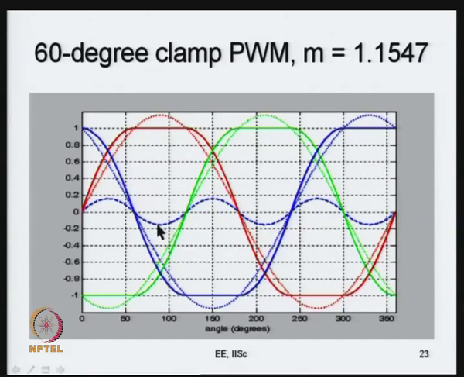This is the difference, 1.15 sin omega t minus 1. So, you have this waveform and you add this. So, you are able to accommodate a sine wave up to 2 by root 3, that is 1.1547. So, you get 15% more fundamental voltage, that is one of the advantages, as high as in the third harmonic injection with k equals 1 by 6.